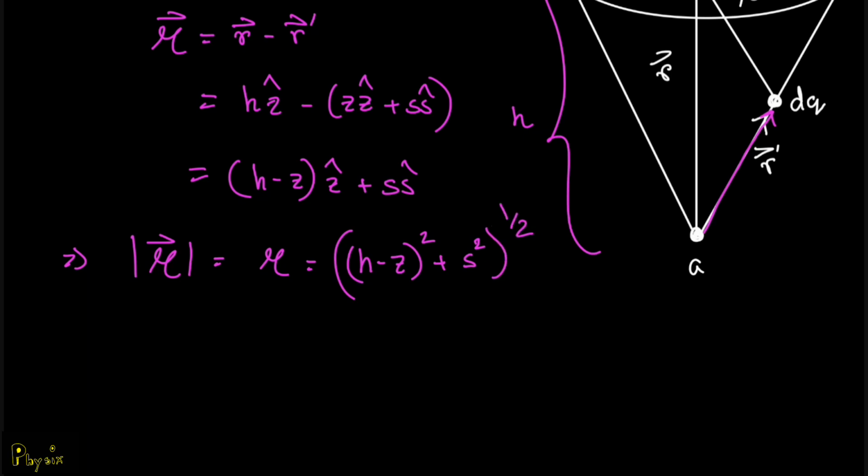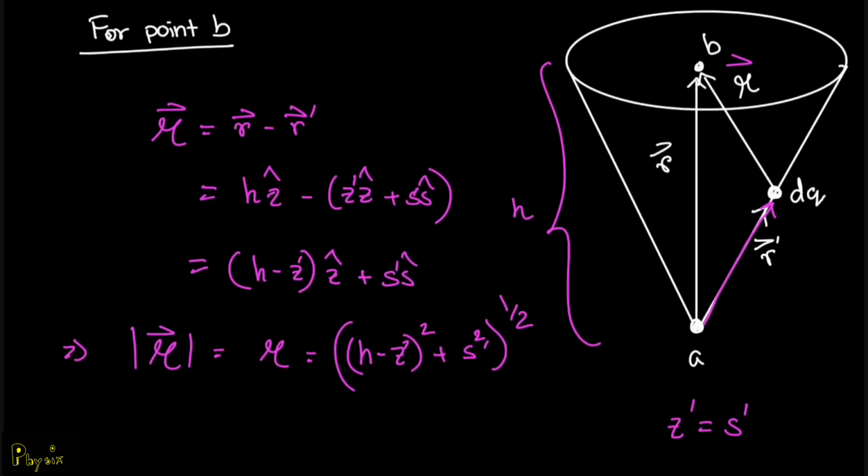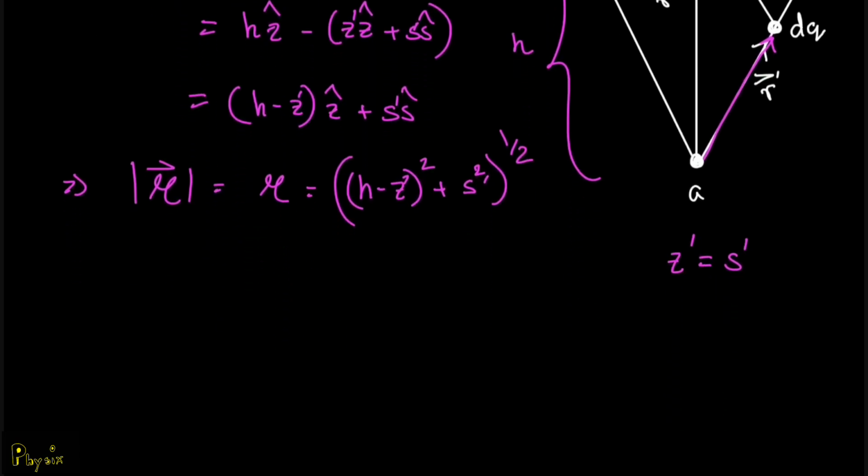Now, as you can tell already from our previous geometrical relations, for any point z prime, you have that z prime is equal to s prime because of the geometry of the similar triangles that we are using.